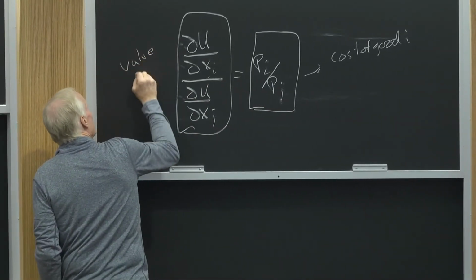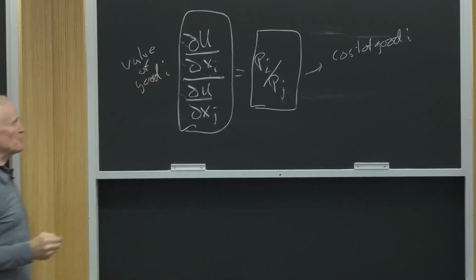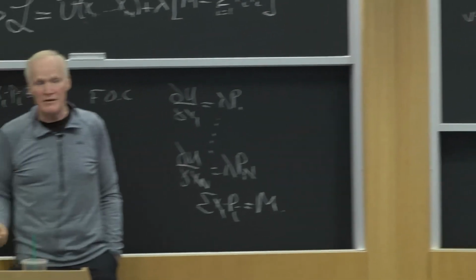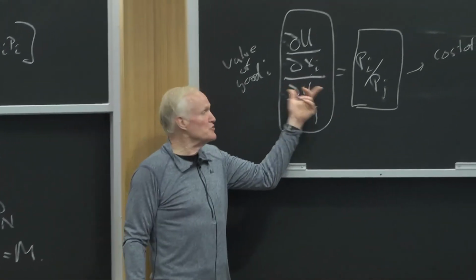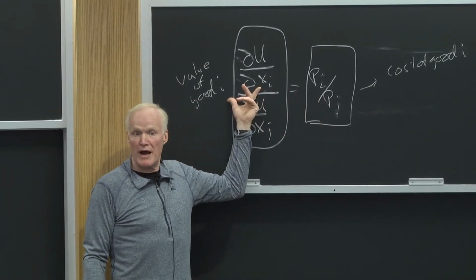Value of good I. And so this first order condition says, in order to be at an optimum, you have to be at a point where what it costs you to consume more I equals how much you value consuming more I.